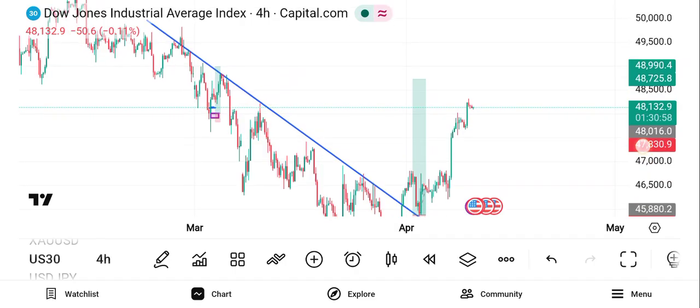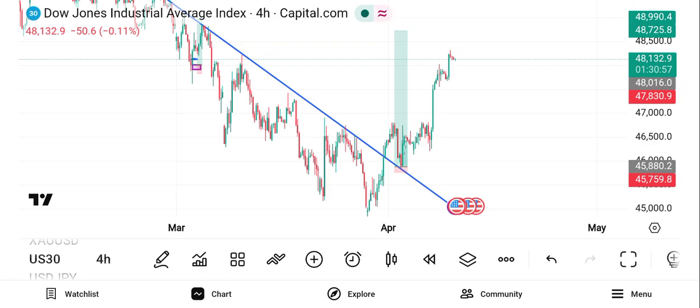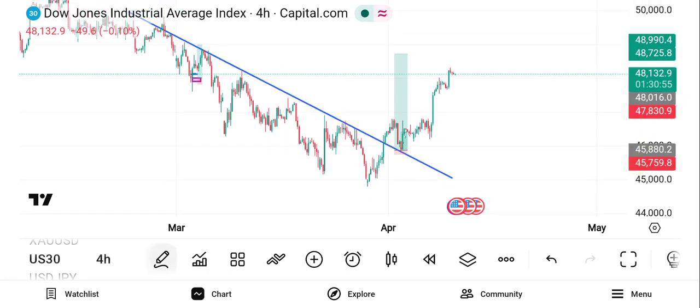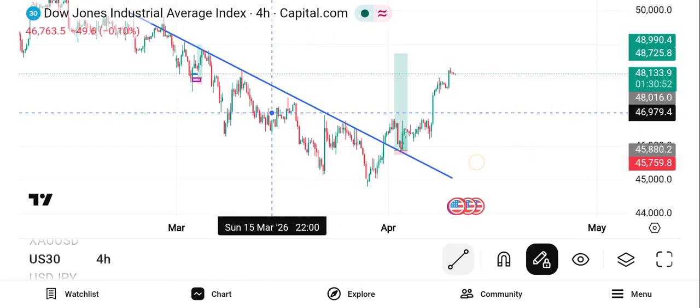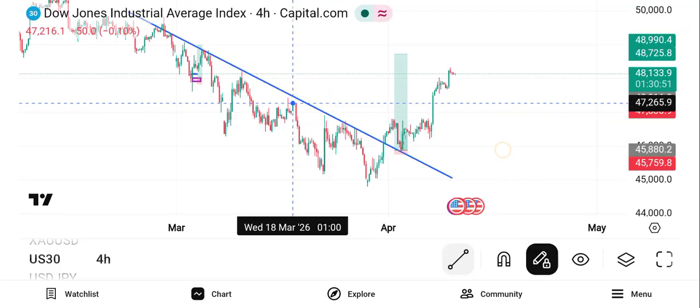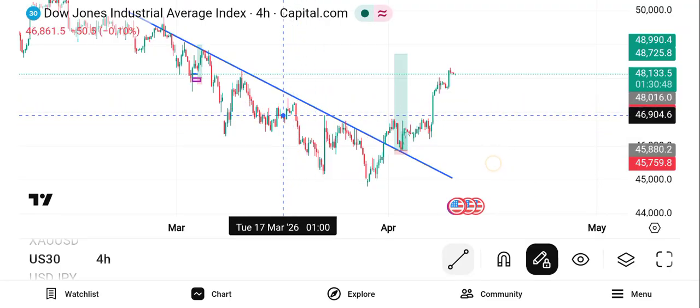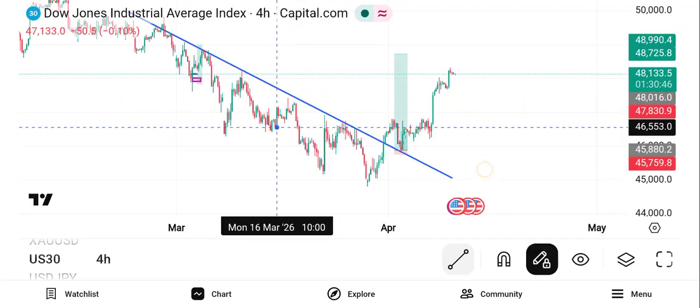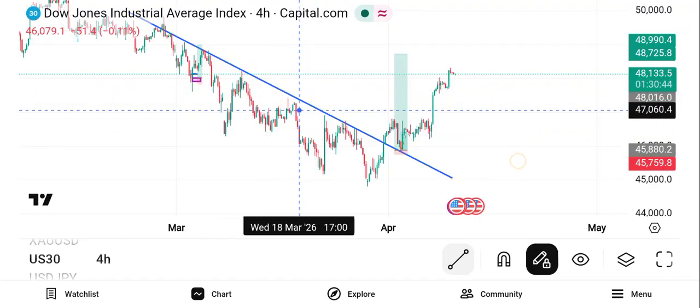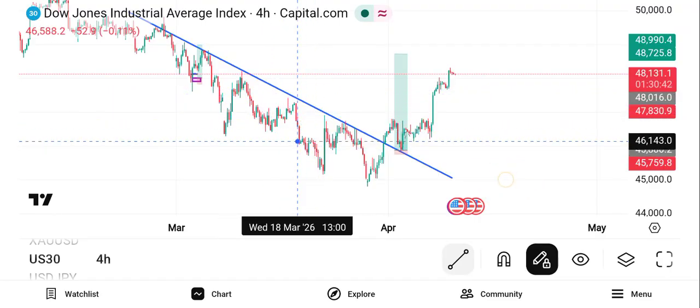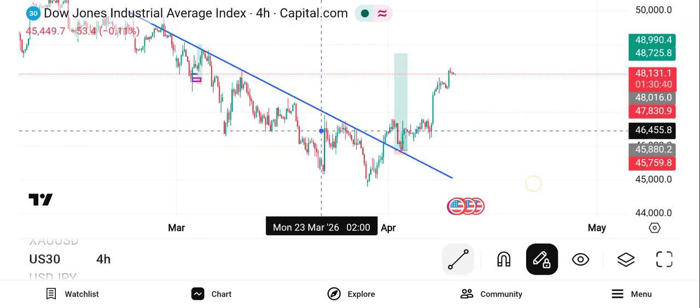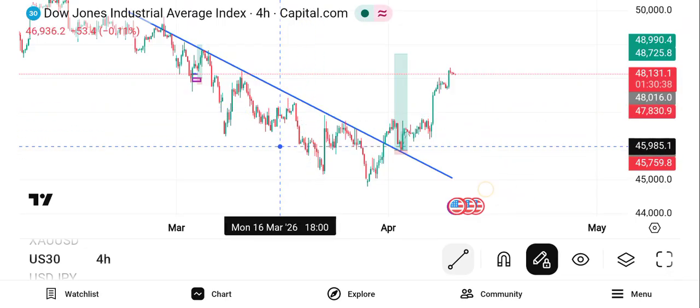The reversal concept that we trade is market structure shift. Since we said a downtrend is indicated by a lower low, a lower high, what happens when market takes out the last low in the market? It simply means it is no longer in a downtrend.